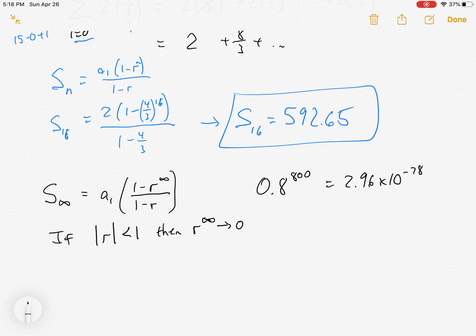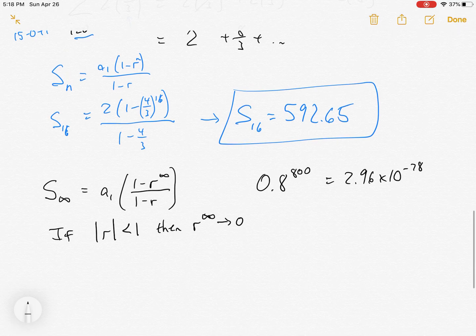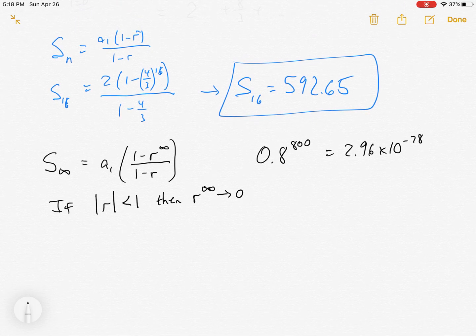Basically 0. So what's happening is, we could say this: if the absolute value of r is less than 1, then r to the infinity approaches 0. This is kind of a calculus idea, this arrow of approaching. For all intents and purposes, it becomes 0.